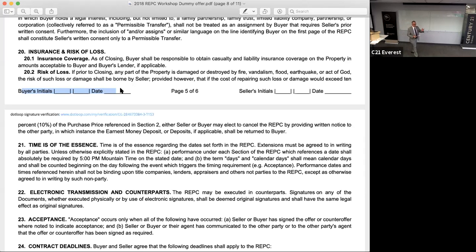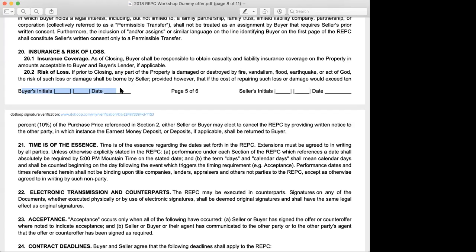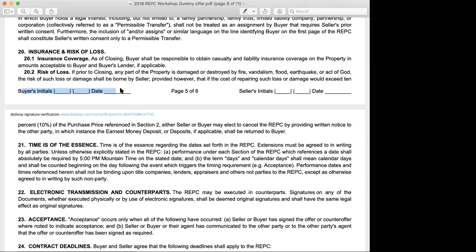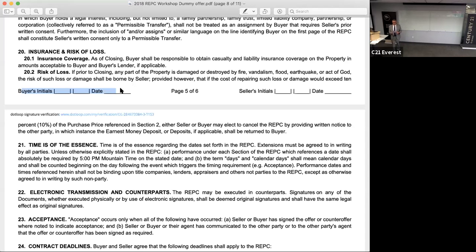Before you submit this, whether you're doing it in Dotloop or you're having your clients actually sign it in person, however you're doing it, before you either send it to them in Dotloop or they leave you if they're signing in person, flip through the pages and make sure, because a lot of times people end up missing it. And I've had scenarios even with Dotloop where I just forgot to assign an initial to one of them.